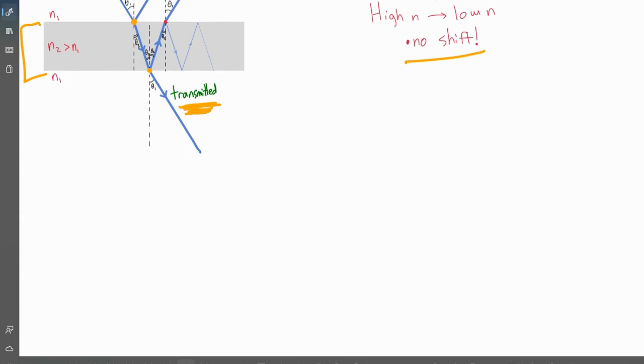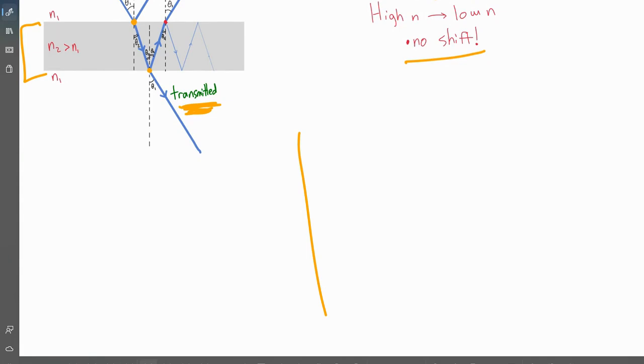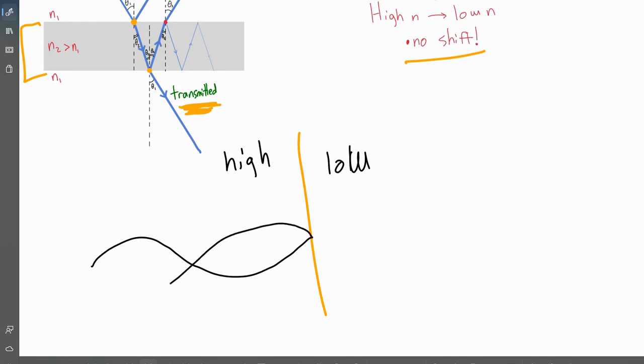What that looks like is, let's take the black pen. Here we go. If we go from high to low, there's no shift, so it'll just do this, and then it'll just keep going the way it was.